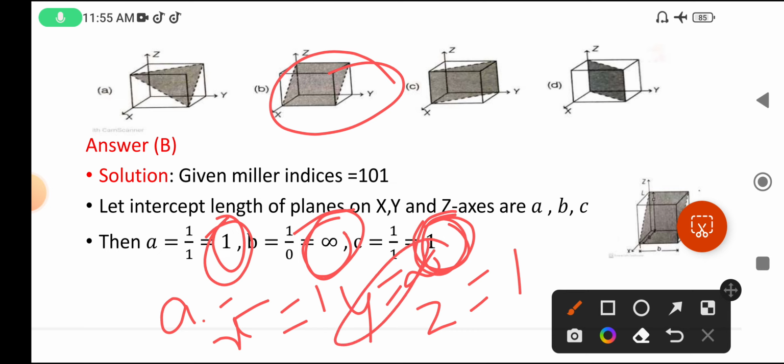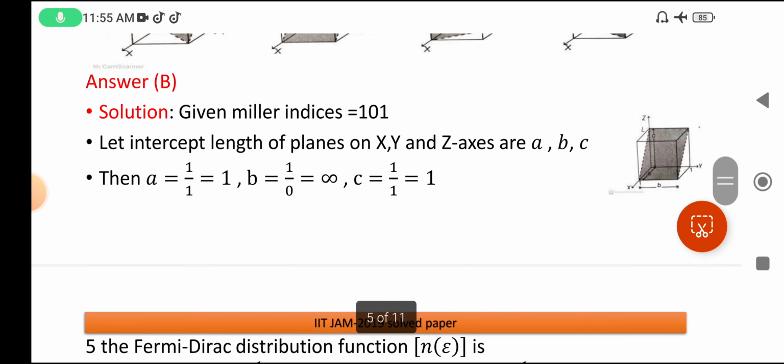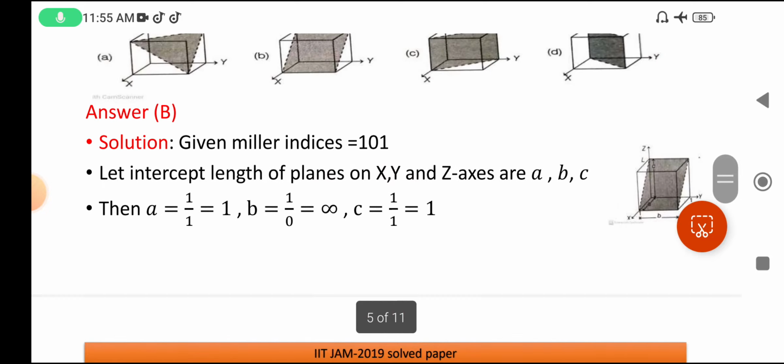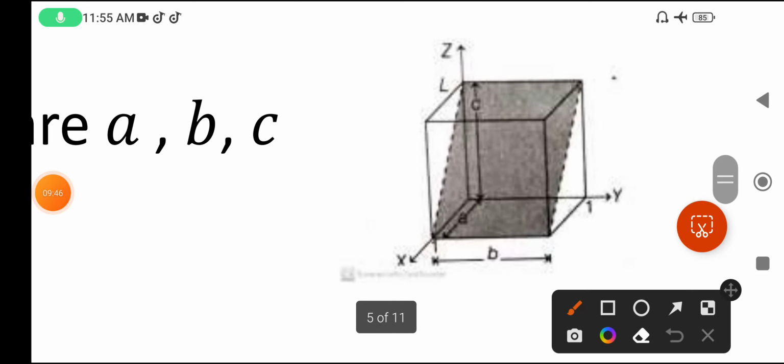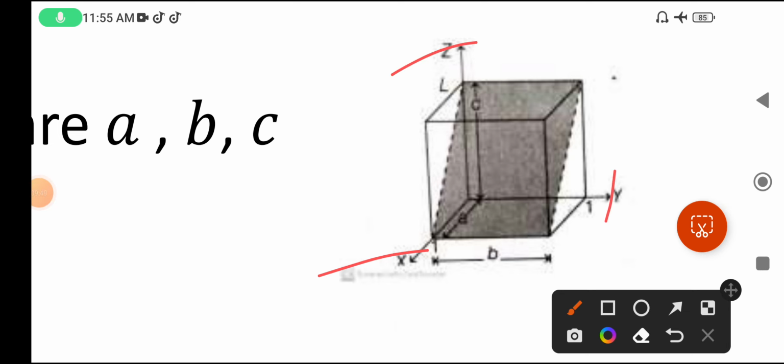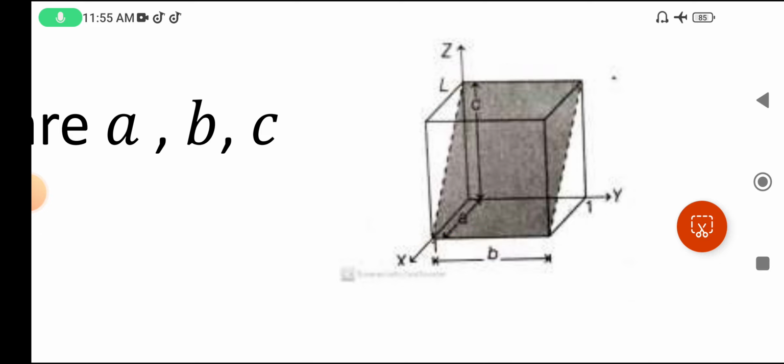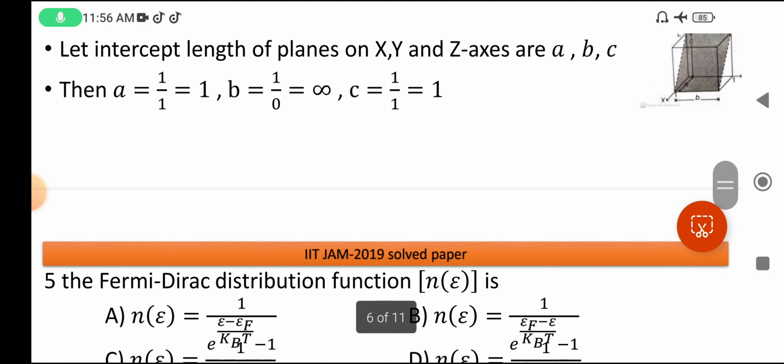Infinity indicates that the plane is parallel to the y axis. So only that is possible. If you look clearly at x, y, z, it touches the z and x only. Inclined means it does not touch the y axis anywhere.